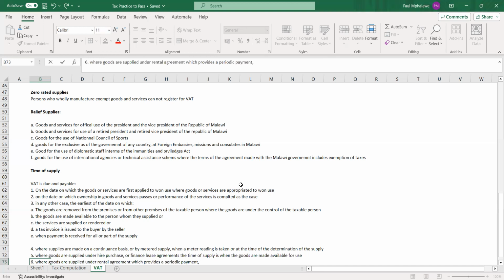The time of supply shall be treated as successively supplied, for successive parts of the period.